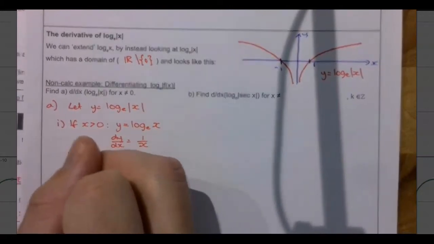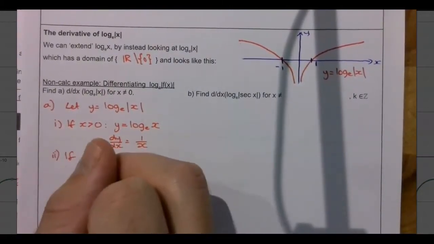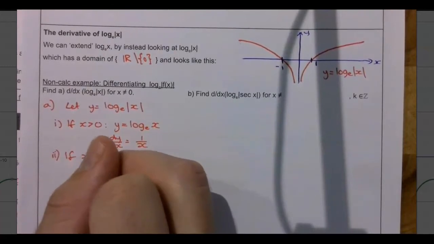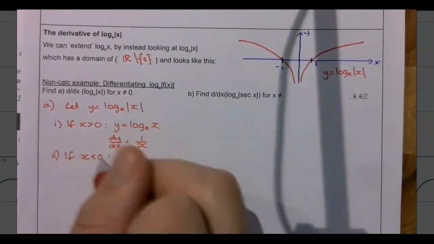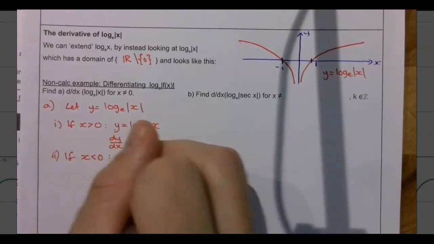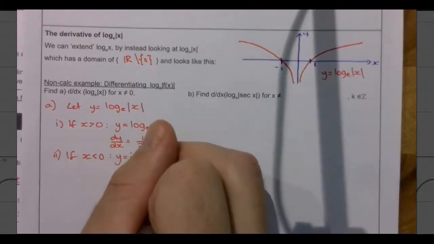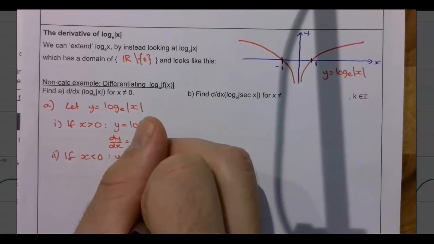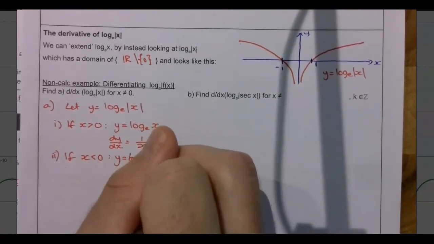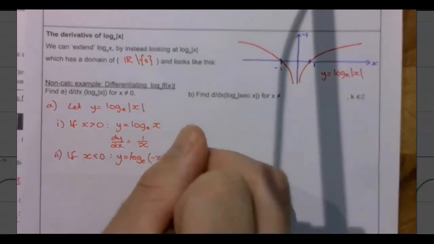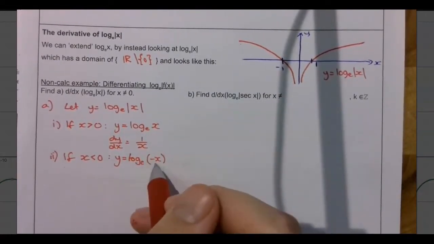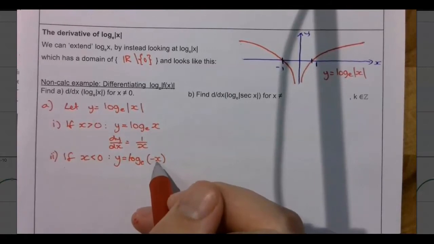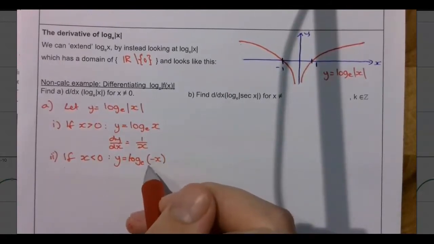But the second case is slightly less comfortable. That's when x is negative. Because of this modulus sign, if x is negative, the function we're actually looking at is the log of minus x, because x is negative, so we multiply it by minus 1 to make it positive.